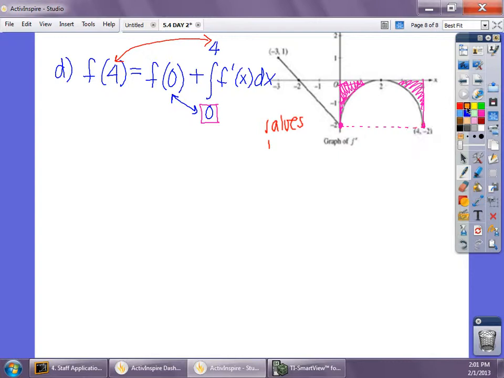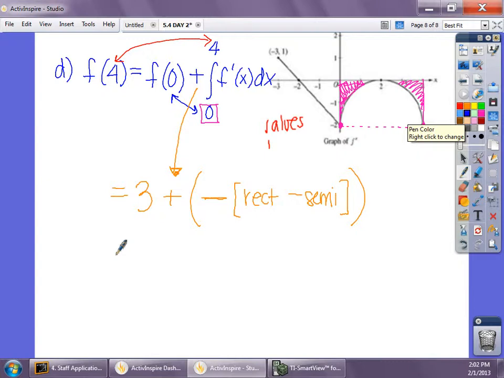So we get f of 0 was 3 plus the integral. First of all, let's start with the fact that because the pink area is underneath the x-axis, I know it says a plus, but because of that, I know the area will be negative, and we'll do rectangle minus semicircle.